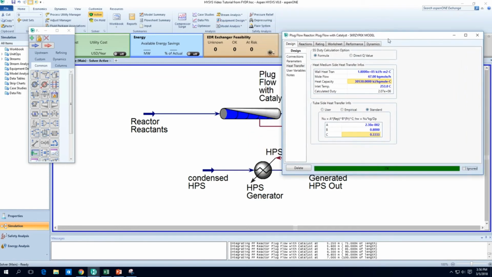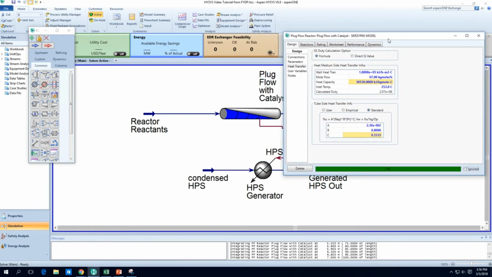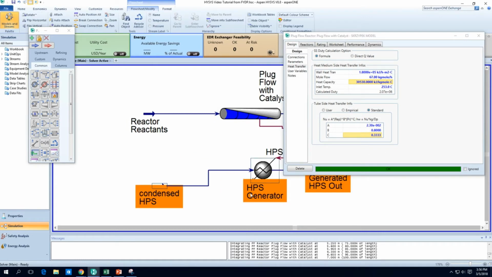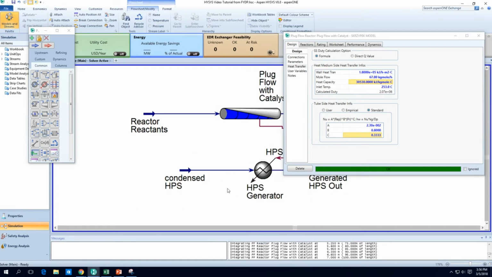Okay, so what I've basically shown you today is how to turn your reactor from an adiabatic reactor to a diabatic reactor that generates high pressure steam in a proper manner. And how do we do that?